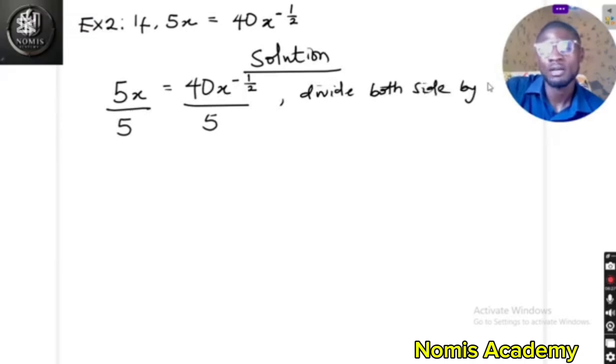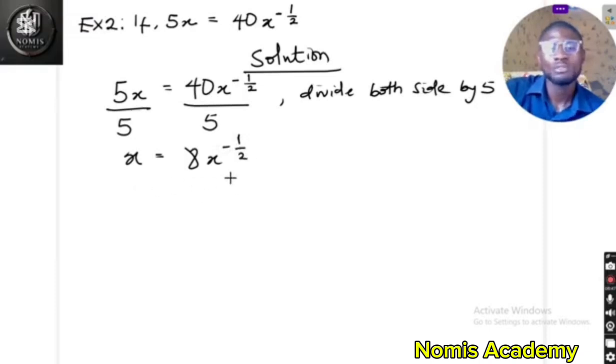So dividing both sides by 5, I have x equal to 40 divided by 5 is 8, x raised to the power minus 1 over 2.